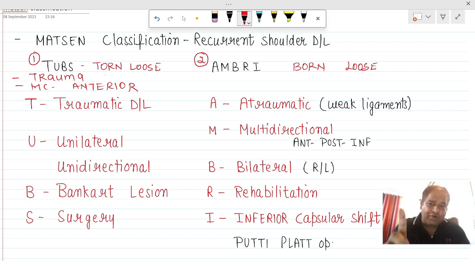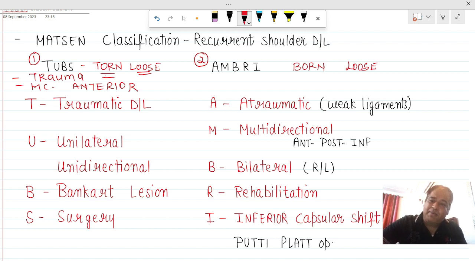With the initial trauma, my capsule on the right side in the anterior direction will become loose. So that is torn loose. The capsule became loose after trauma, after first dislocation.